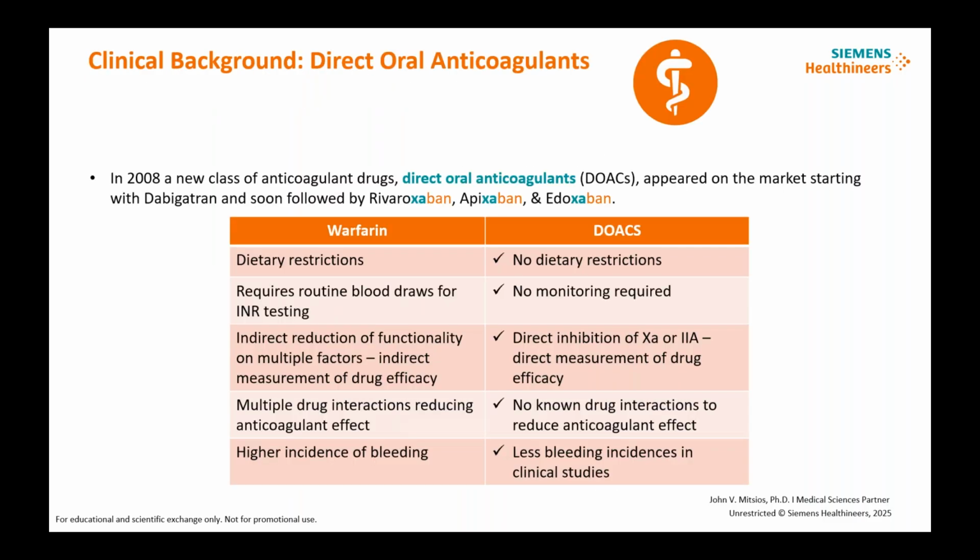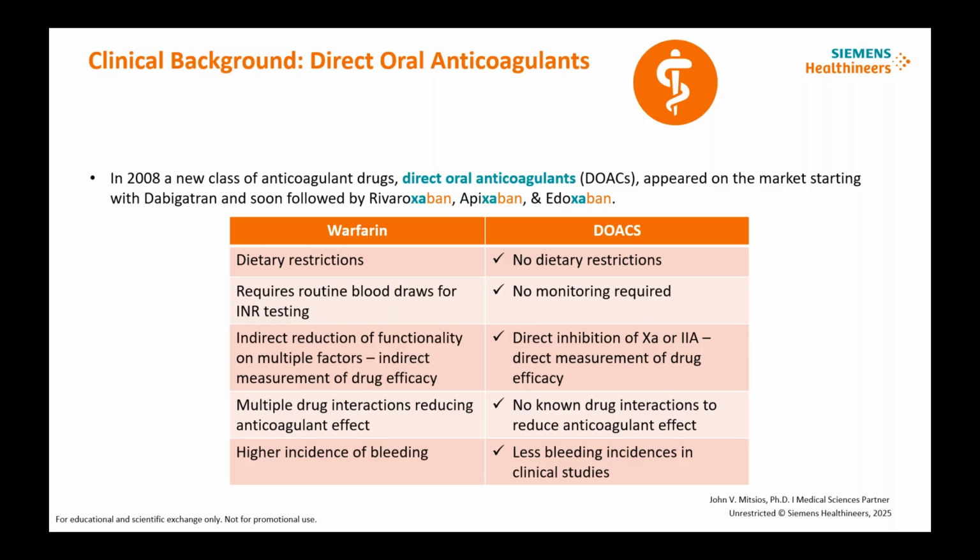When we do a quick comparison between these new oral anticoagulants, such as dabigatran, rivaroxaban, apixaban, and edoxaban, I also want to point out that the names of the 10A inhibitors all end in xaban, indicating that they're 10A inhibitors.